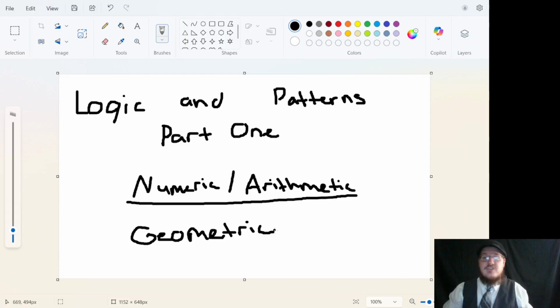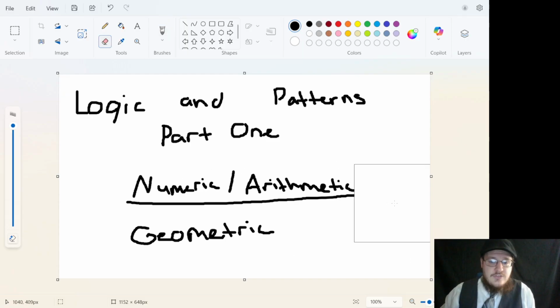So say you have a bunch of triangles and you go from a certain number of triangles to a certain number of triangles, a certain number of triangles, doing that, or you start out with a rectangle or square, and then you add more sides to that shape and start increasing the amount of sides, changing it from one shape to the next. That's the type of patterns you can see with geometric. But today's lesson, we are going to be covering numeric slash arithmetic. Okay?